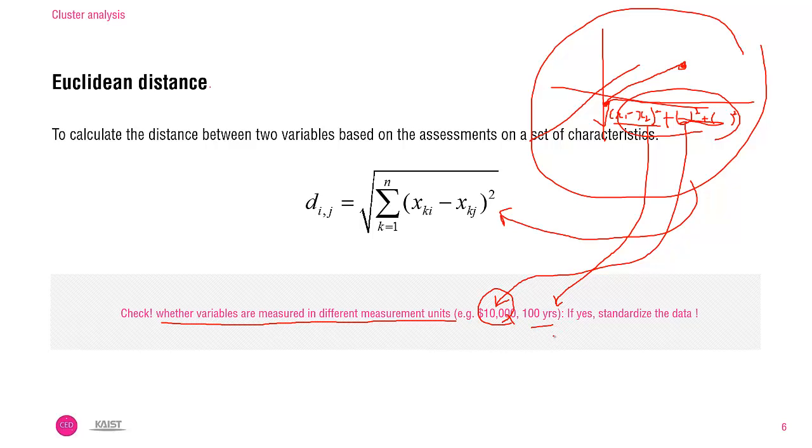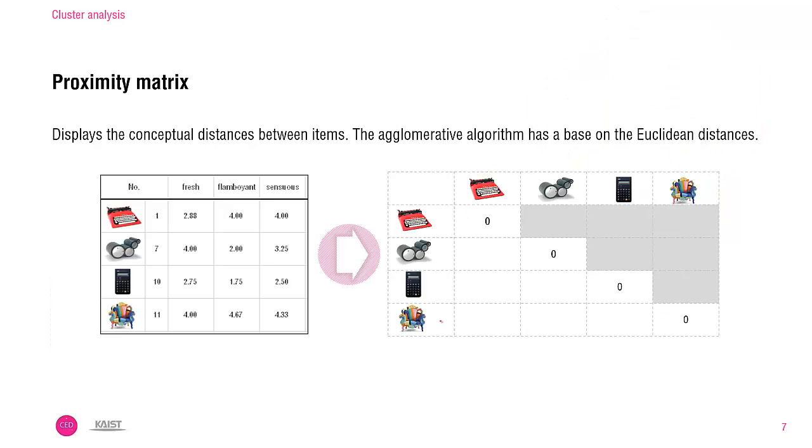Therefore, you had better standardize differently measured units. But in our example, each of the adjectives had a 5-point Likert scale, so all measurements were based on an identical range of unit.